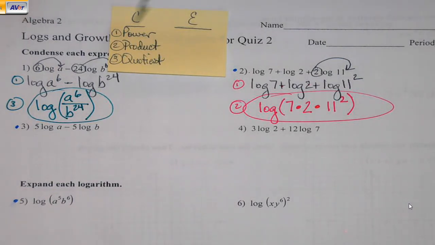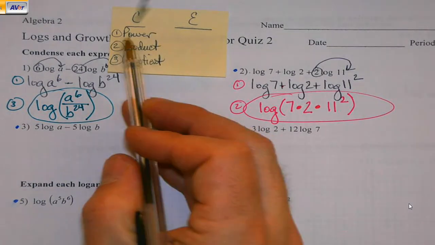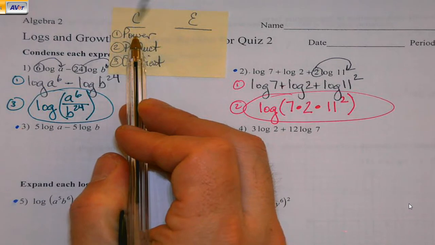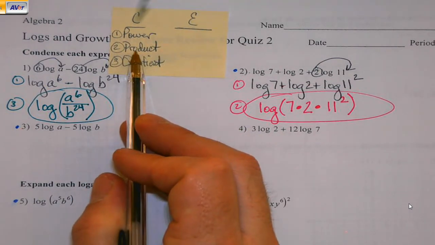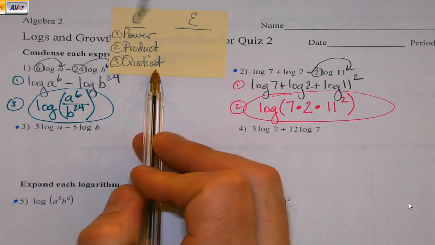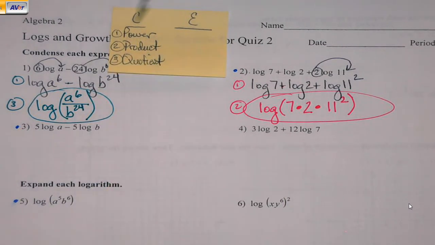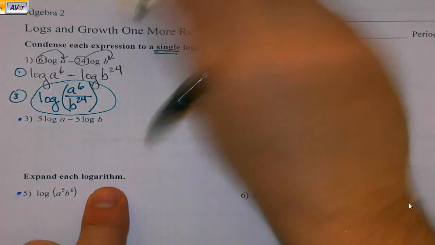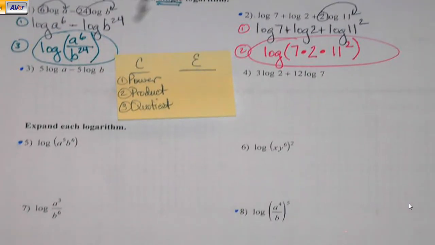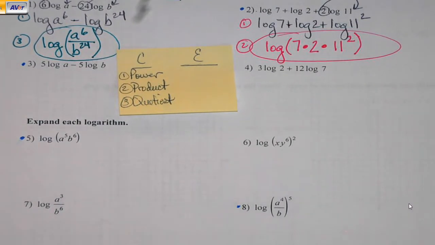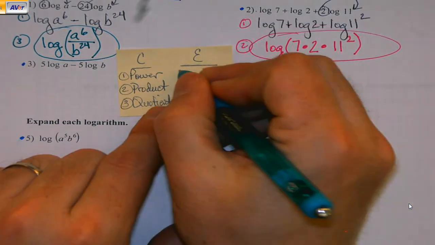So when we're condensing, again, coefficients become exponents. That's my power. Add becomes multiply. That's my product. Minus becomes divide. That's my quotient. When I get down a little further into expand, the order just flips.